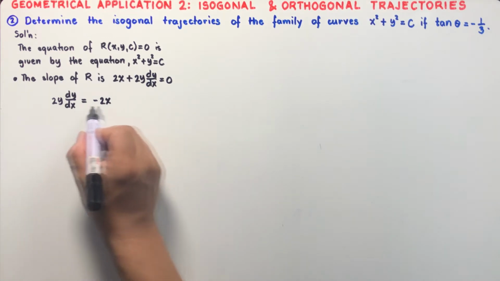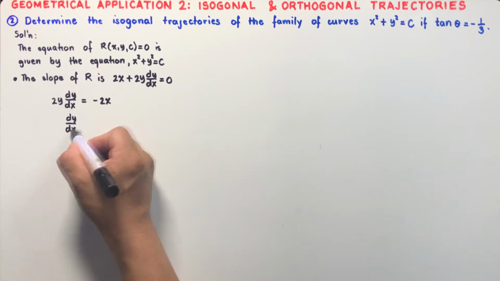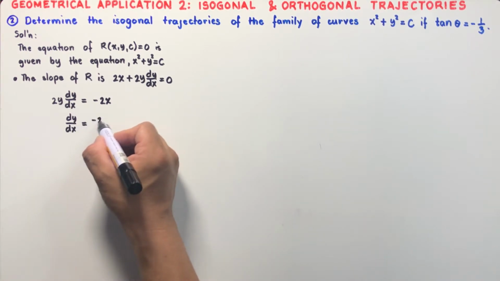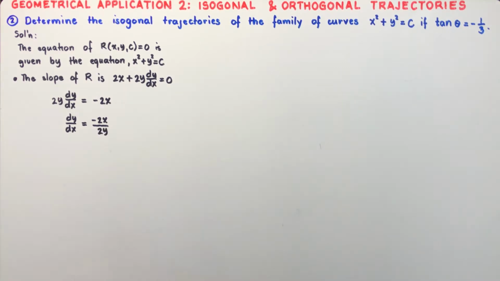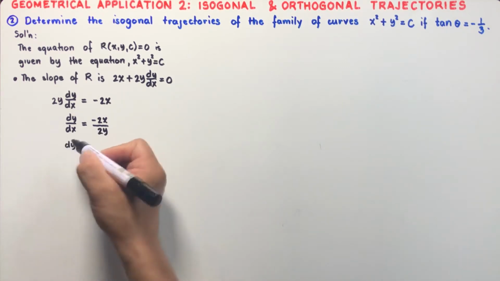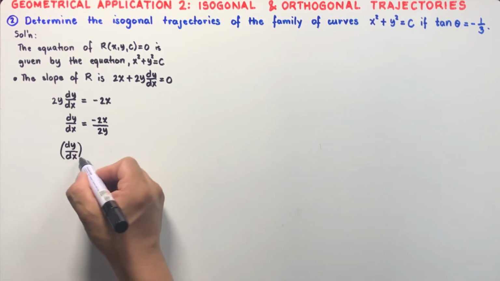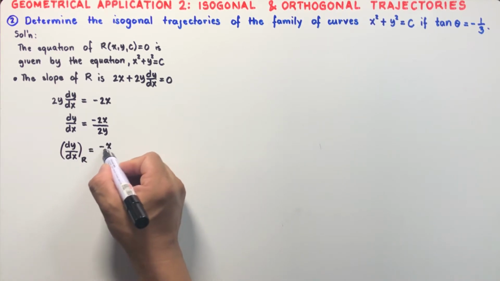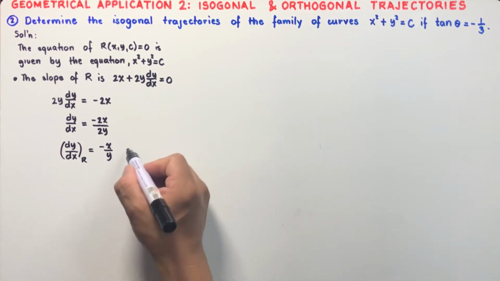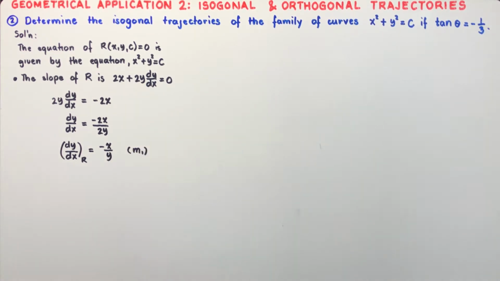And dividing both sides of the equation by 2y, we have dy/dx, which is equal to negative 2x over 2y. Then therefore, our derivative of y with respect to x for this family of curves r is negative x over y. So this is now our first slope, the slope function of the given family of curves.